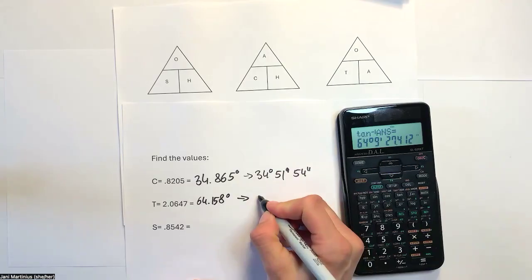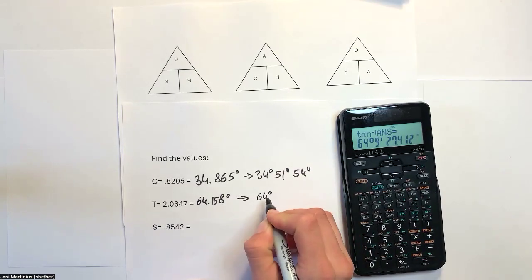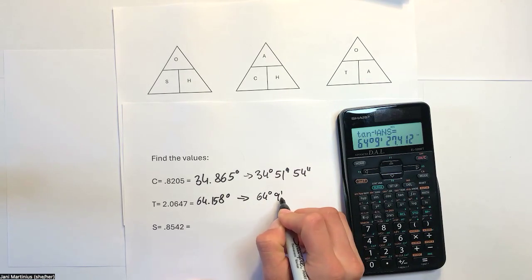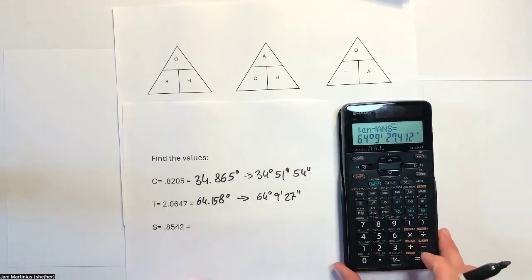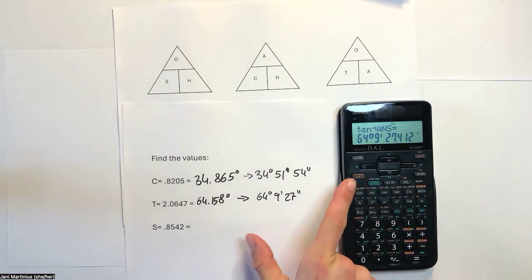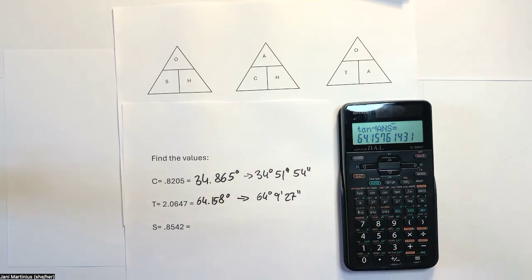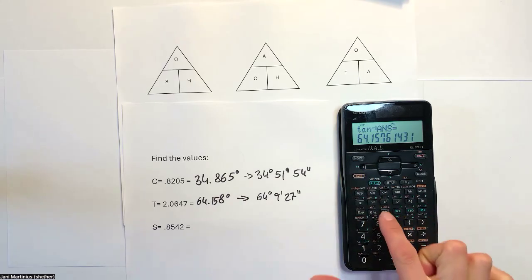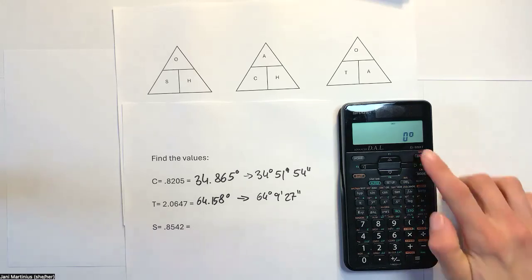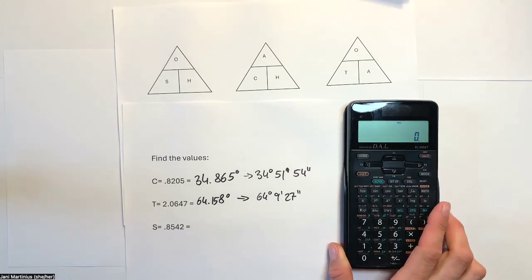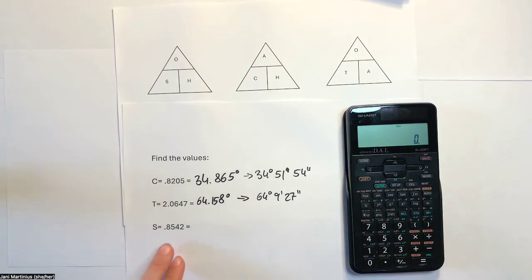And then that gives us 64 degrees, 9 minutes, and 27 seconds. If I want to change it back, I always just have to remember to hit the second function first. Then it works. It goes right back. If I forget to hit the second function and I just hit the DMS button, it goes right to 0. Just as a reminder, sometimes you forget to punch something in, and then you think you did something wrong, but all it really needed was one extra button to be pressed.